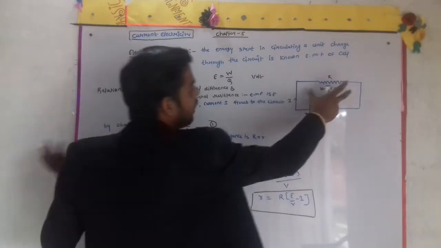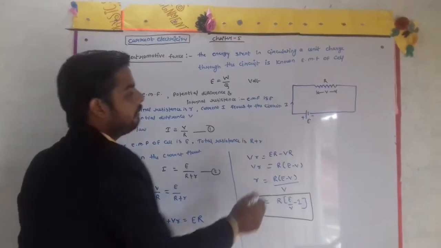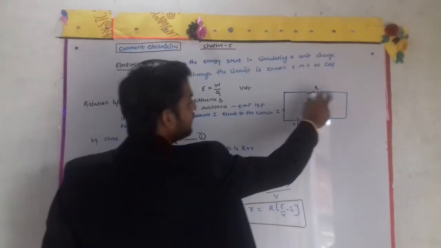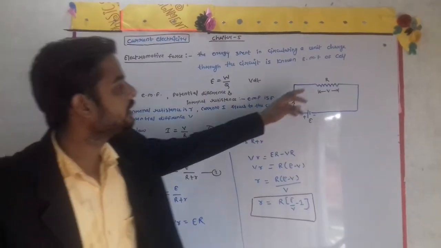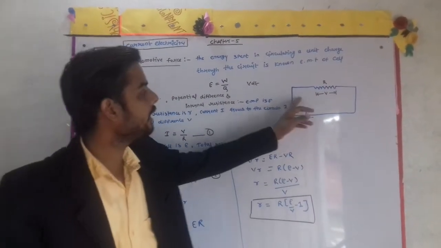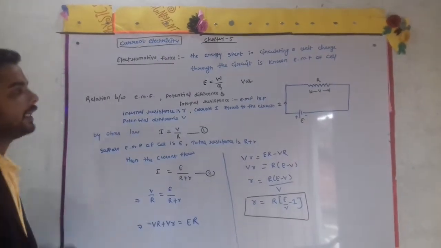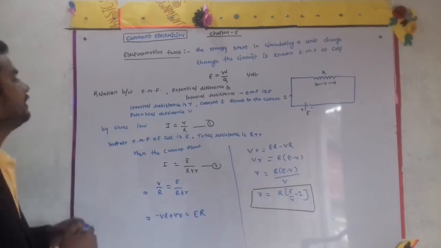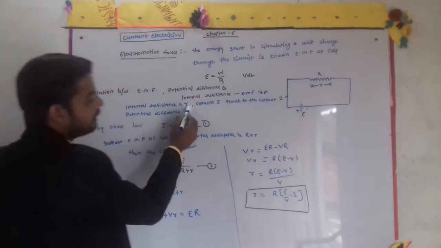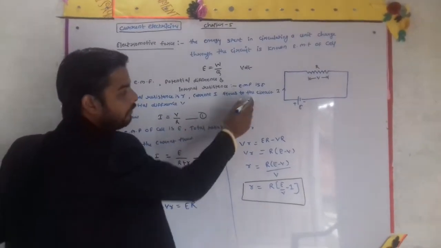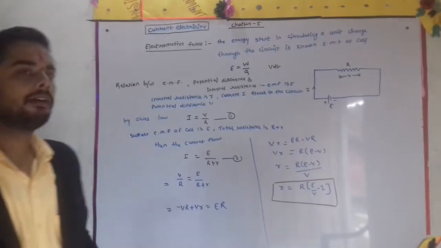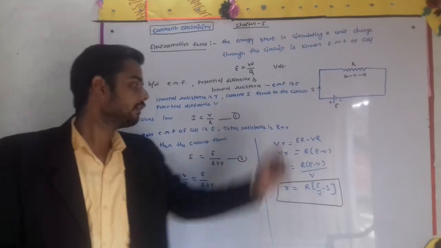Suppose that we have a circuit which has an EMF E, one resistance connected which is R, and the potential difference across the ends of the circuit is V. Let current I be flowing through the circuit, with internal resistance r, then the potential difference will be V. This is our explanation of the diagram.